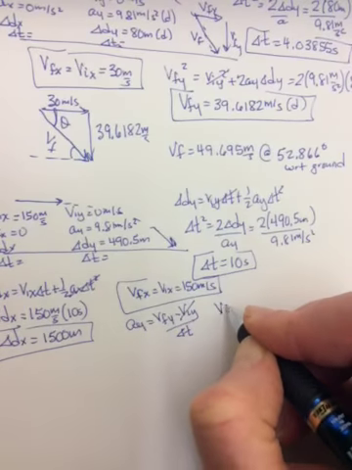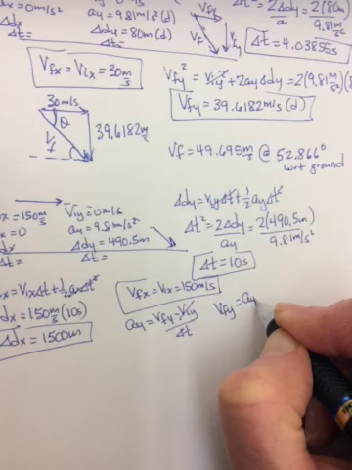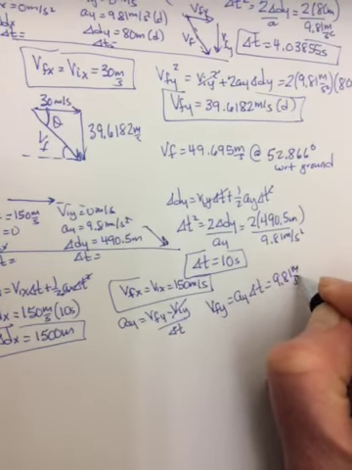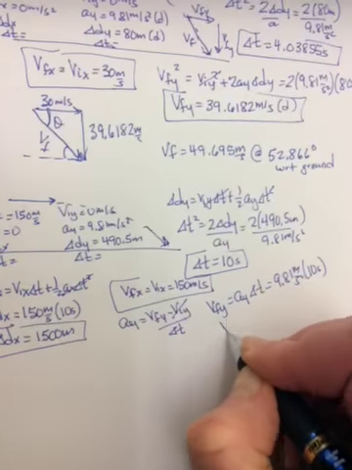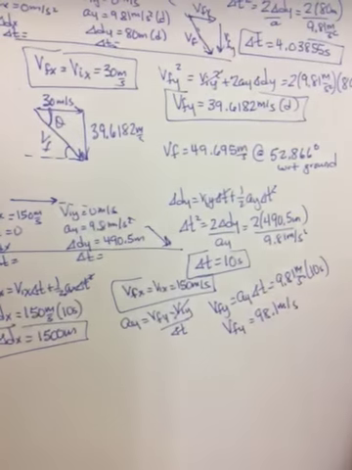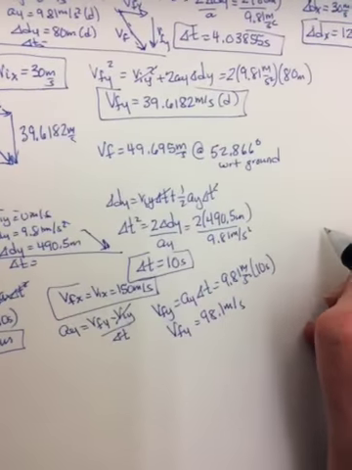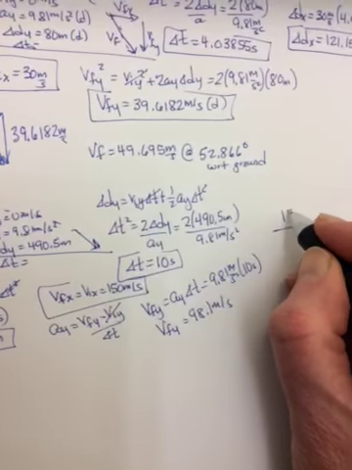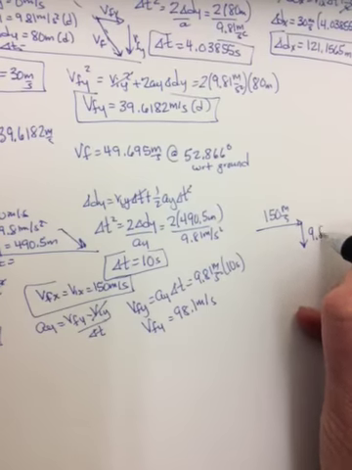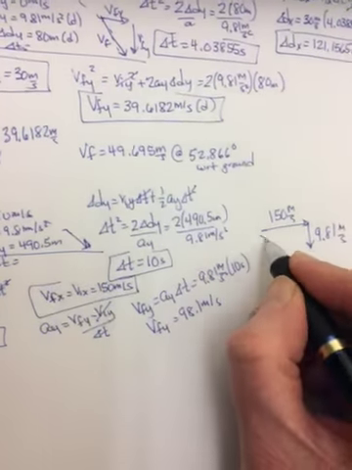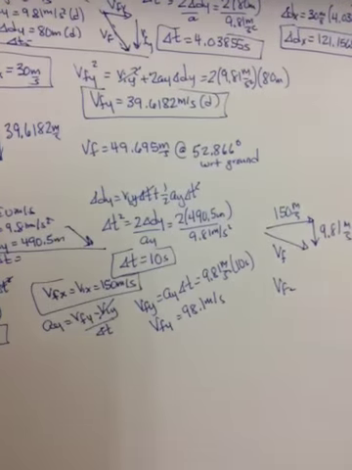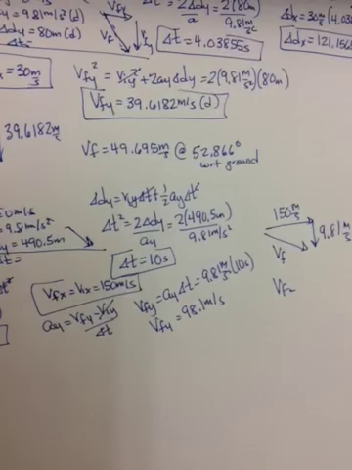Viy is 0, so vfy is equal to ay times delta t, so 9.81 meters per second squared times 10 seconds. So vfy is equal to 98.1 meters per second. So again, draw it. You have 150 meters per second this way, 98.1 meters per second this way, and this will be your vf.